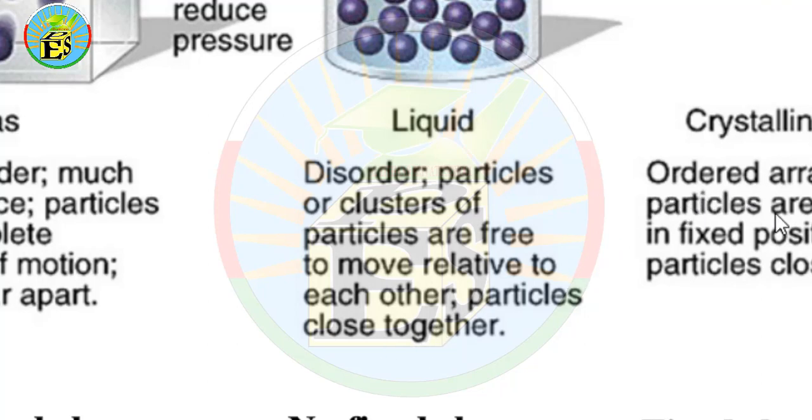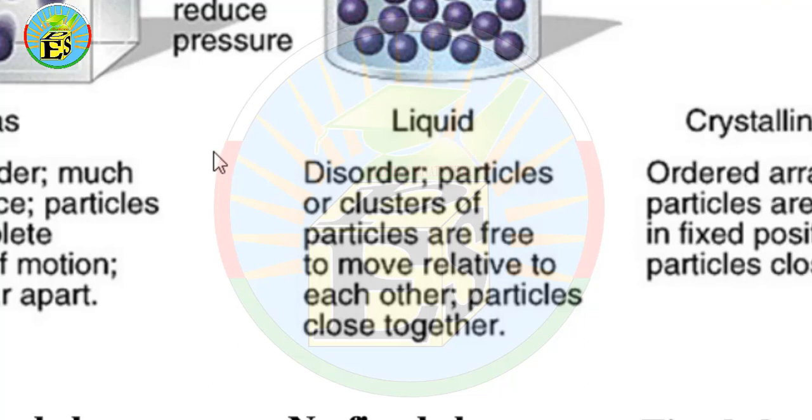Solid: ordered arrangement, particles essentially in fixed positions, close together. Minimal intermolecular forces means no fixed shape, strong intermolecular forces, and very strong intermolecular forces mean fixed shape.